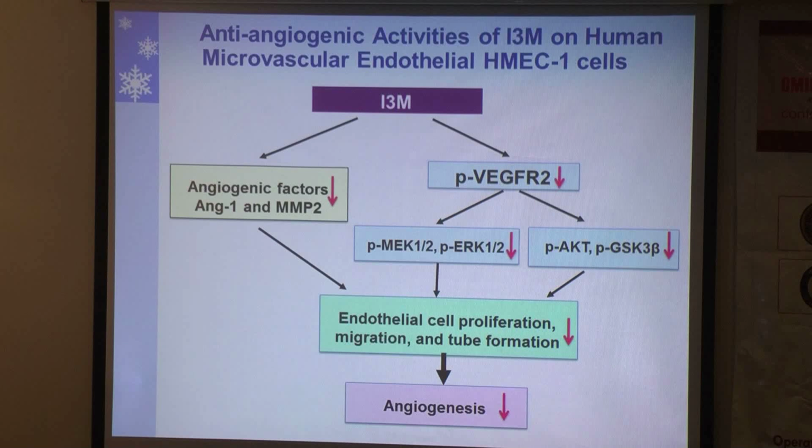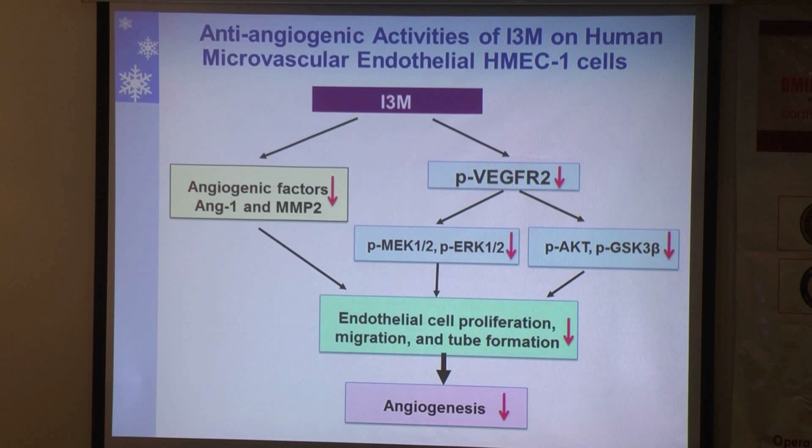So there's a reduction in angiogenic factors, and we look at the signaling pathway, and we found that there is a reduction in the activated form of VEGFR2, that means vascular endothelial growth factor receptor 2.